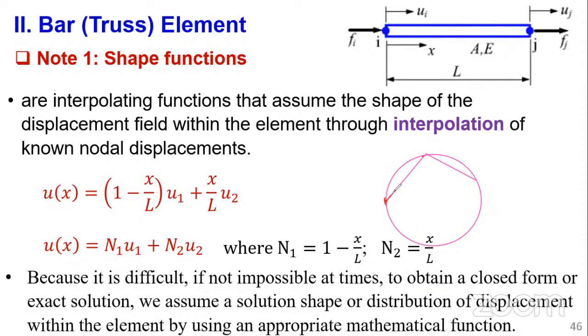But any other value in between, like here, is an approximation of this value. So there is a difference, because we are trying to give us this curve. What I'm saying is that the purpose of this interpolating function and the shape function is that it's not always possible to obtain an exact solution at all times.